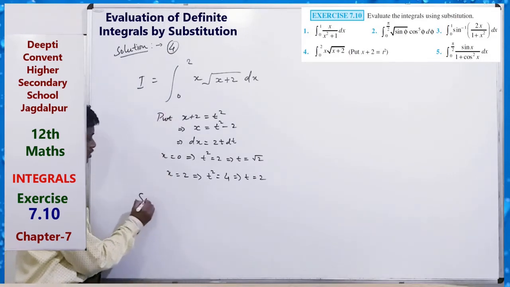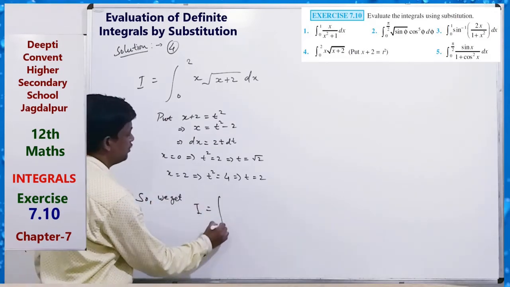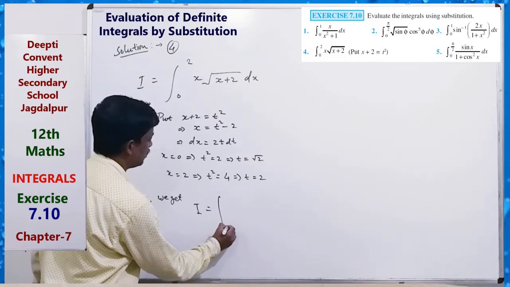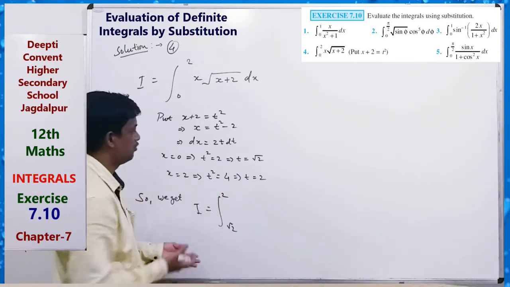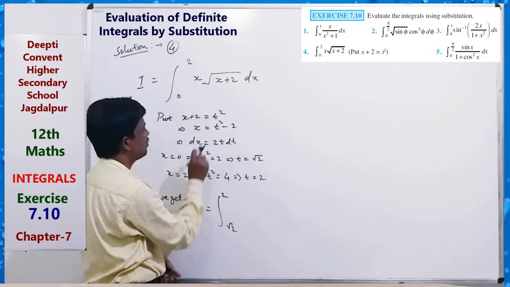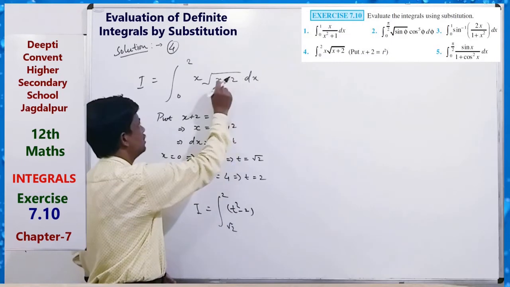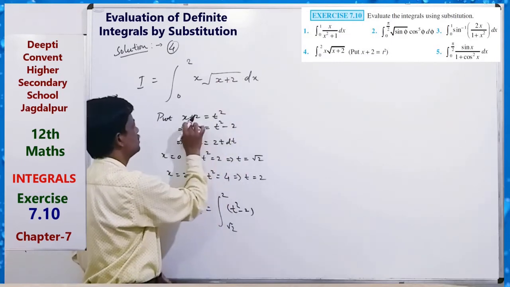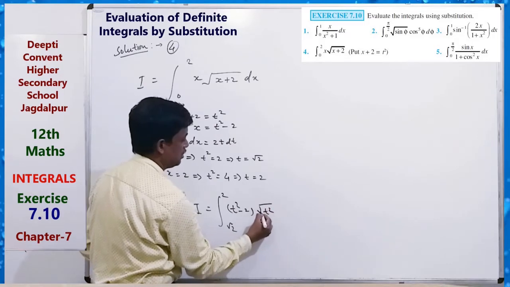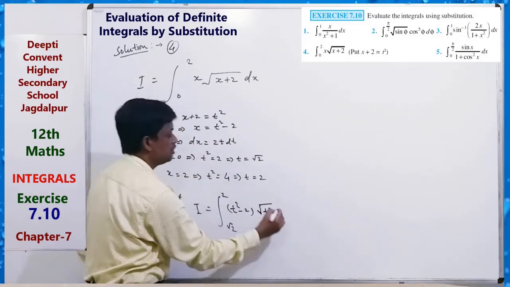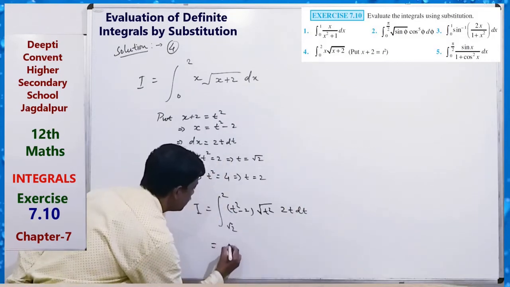So we get I equals, with the new limit, root 2 to 2, new limit for t. x means t square minus 2, and the root of t square means t, and dx equals 2t dt. So we can solve it here, very simple.